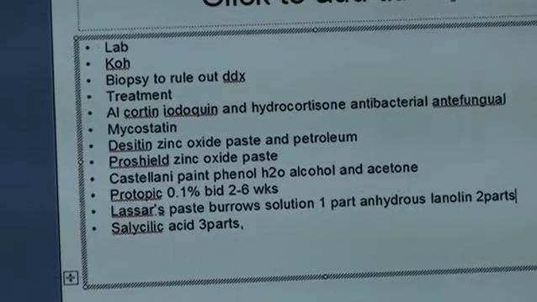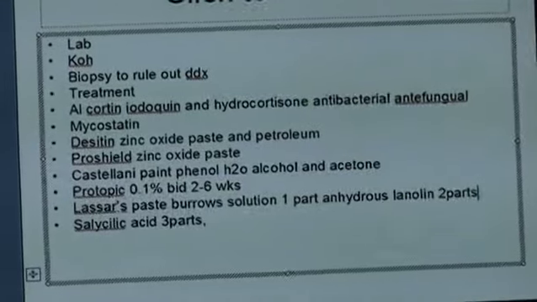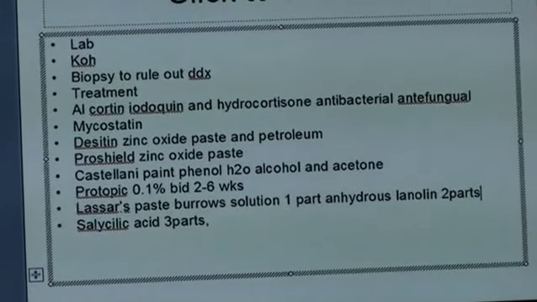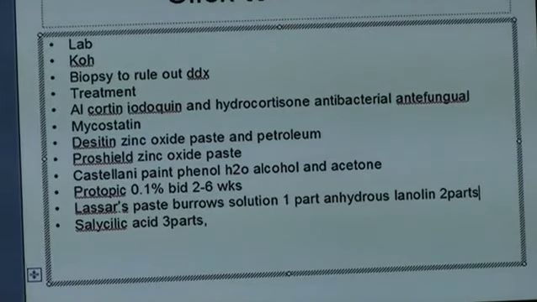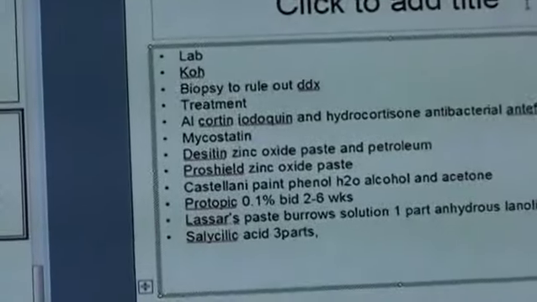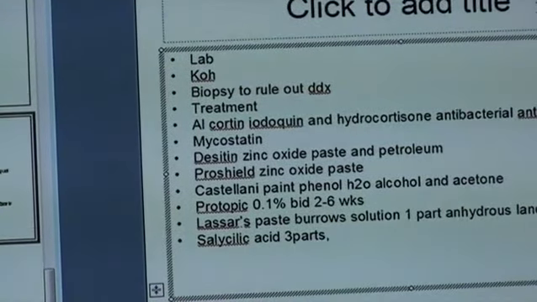Then you've got something called Zoon's balanitis, also known as balanitis plasma cellularis. It's basically an inflammatory condition like eczema, but on a biopsy you see a lot of plasma cells.